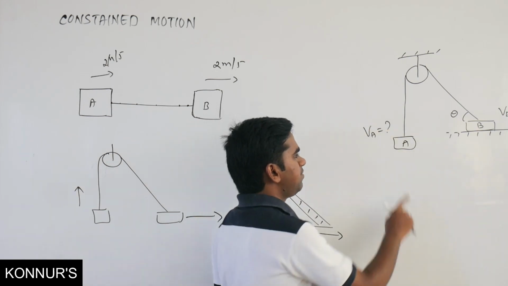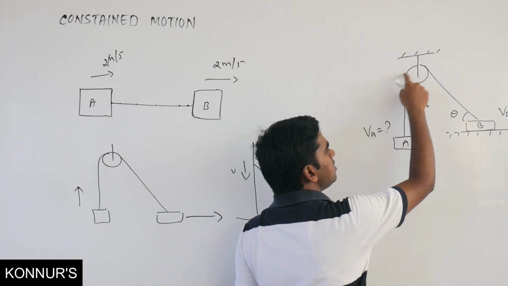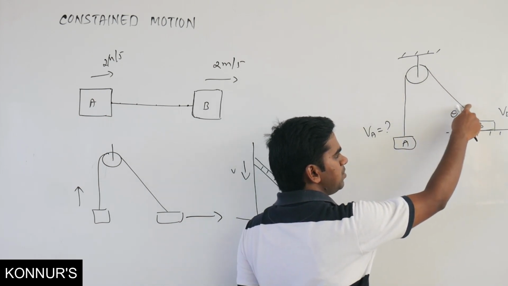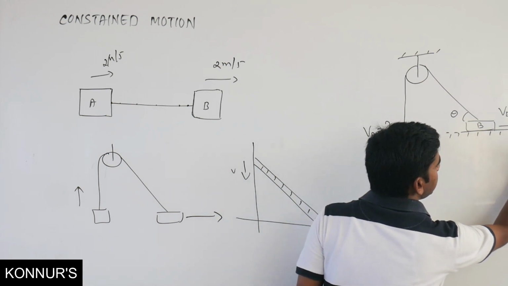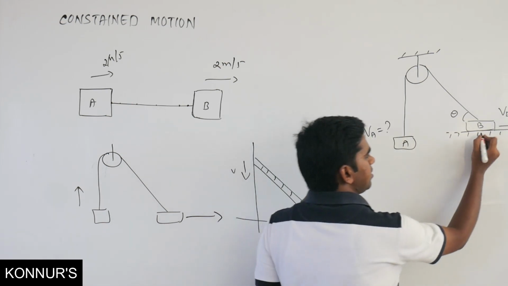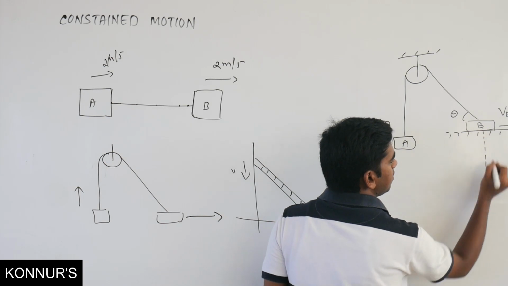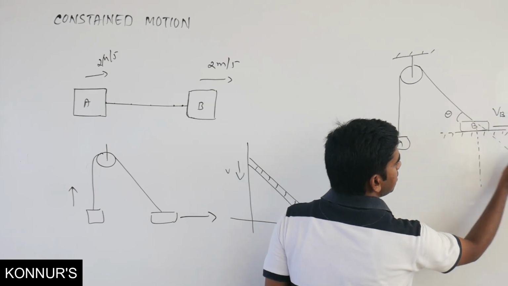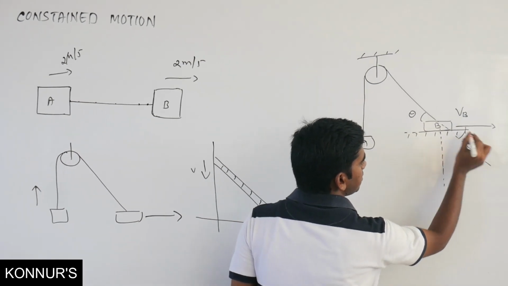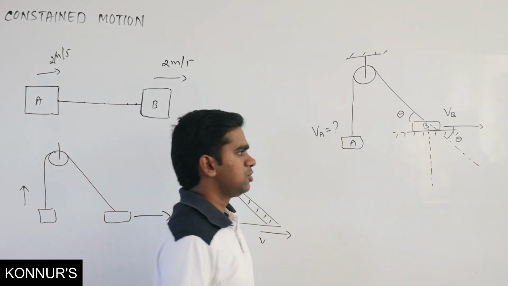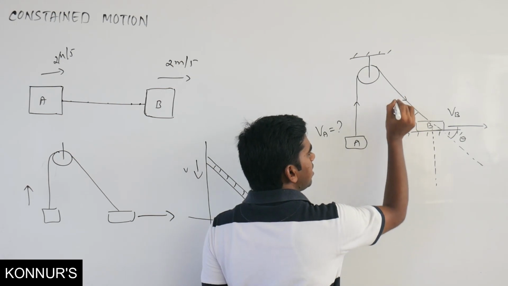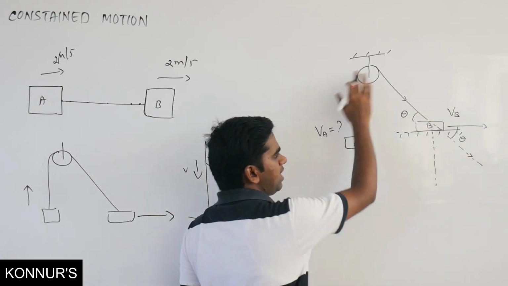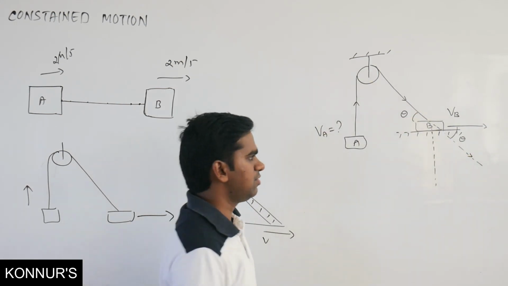It's very simple. If here the velocity is A, here also the velocity is A, and here also the velocity is going to be A. But what is the velocity of B? The velocity of B is in this direction. If we extend this one, this is going to be theta. It should move in this direction, so this will come here. This is the direction of the velocity of A.